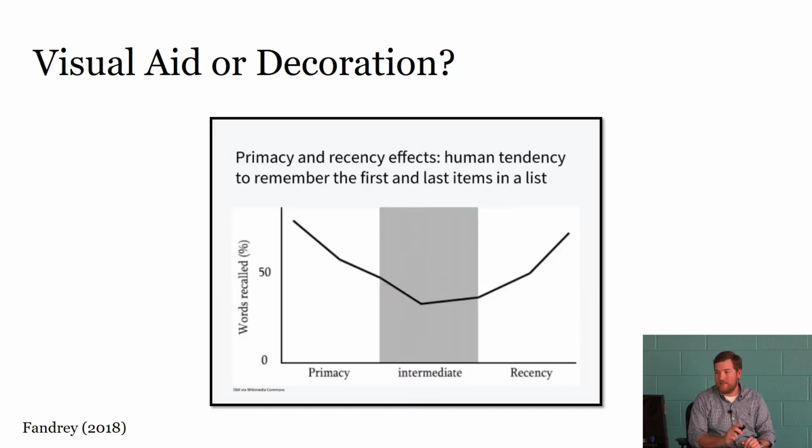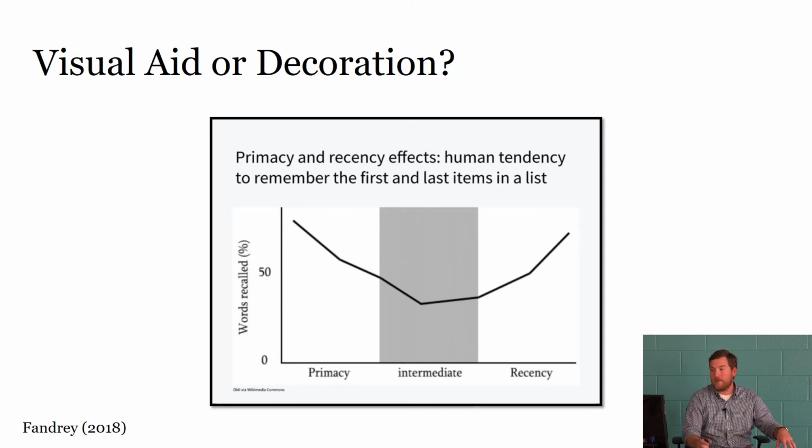So what about this graphic? Now I know what primacy and recency effects are: the human tendency to remember the first and last items, and then you have a graph that is specifically related to that one main idea.